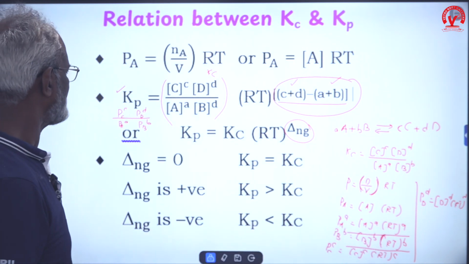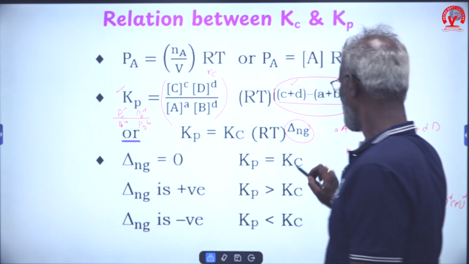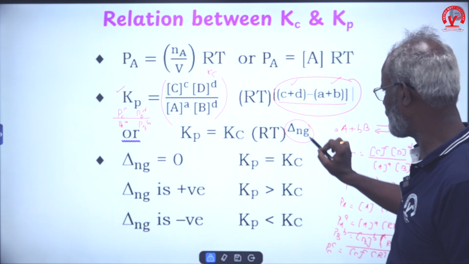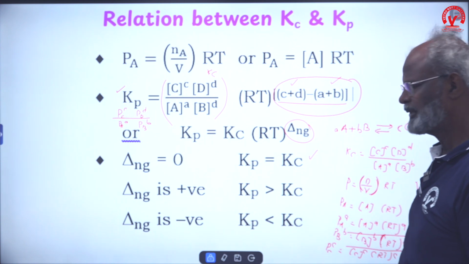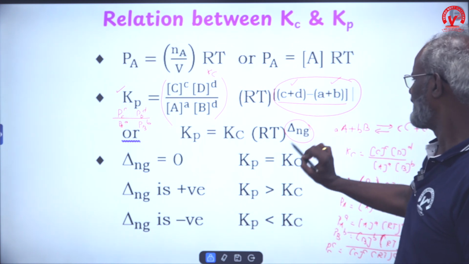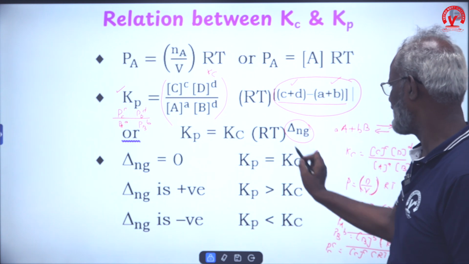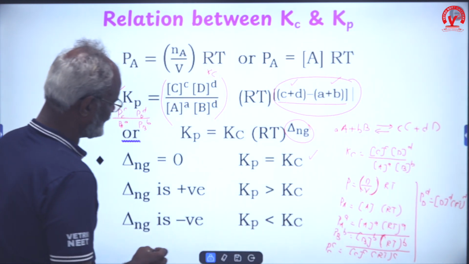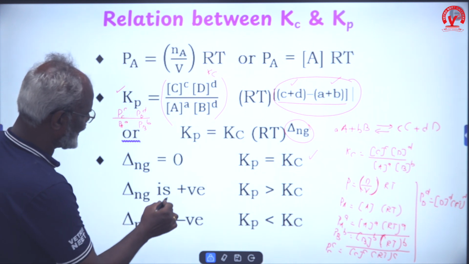Alright? So now from the equation you can see, if delta Ng is 0, then RT power 0 is equal to 1, so Kp will be equal to Kc. If delta Ng is positive, then what happens?